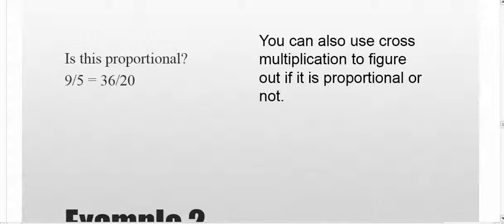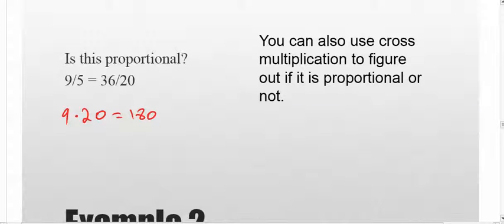Okay, so you can also use cross multiplication to figure out if it's proportional or not, like I said in the last equation. So if you want to do cross multiplication, you do 9 times 20, which equals 180.